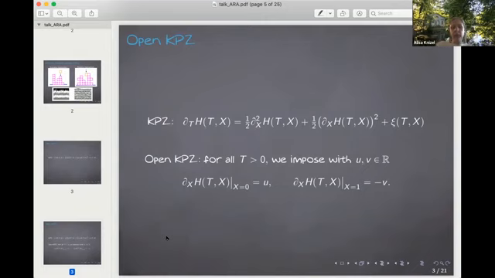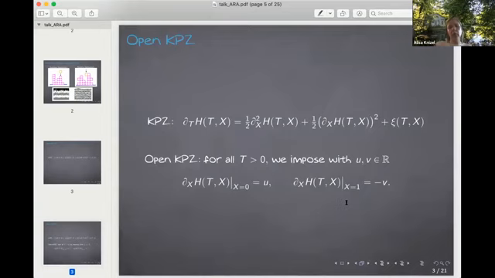We'll consider the interval from 0 to 1, and we will parameterize the boundary parameters with u and v, which are real numbers, and we'll set the following conditions: the derivative at the left edge is equal to u, and the derivative at the right edge is equal to minus v. So these are the inhomogeneous Neumann boundary conditions that we consider for the open KPZ equation.